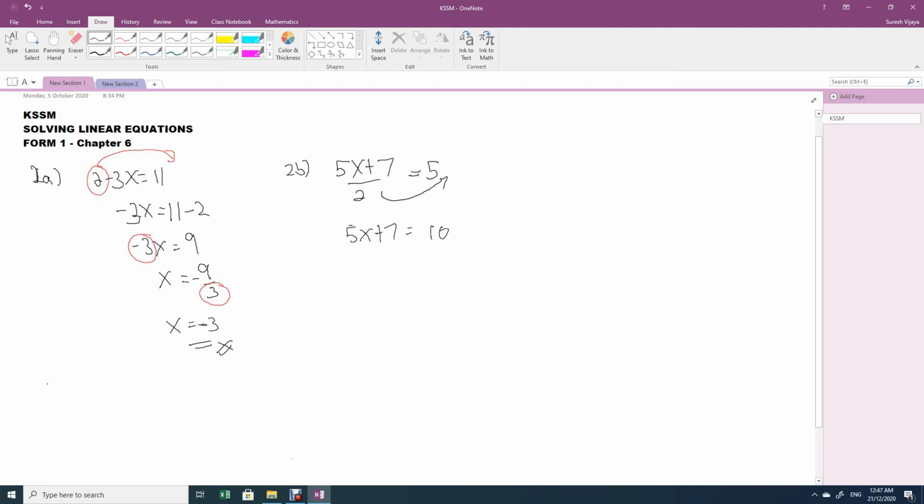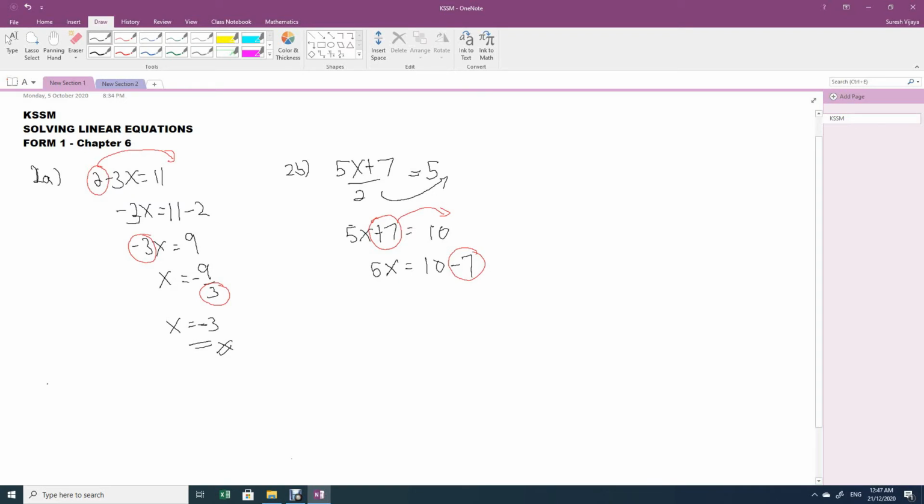10. Okay, so next what you have is 5x equals 10 minus 7, because we have plus 7, right? You have to bring it over to the right hand side. When you bring it over to the right side, you have to change the sign from plus 7 to minus 7.